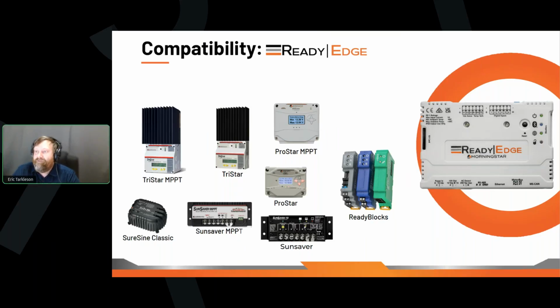Well, we have 3 voltage sense inputs on the ReadyEdge. So you can monitor the PV input voltage, you can monitor your battery voltage, and you can monitor your load output voltage. So you basically wrap around. So you're not digitally looking at all of the data inside of our devices. Instead, you're using the inputs on the ReadyEdge. So the ReadyEdge brings this advanced functionality, online monitoring, and setup to all of our devices.